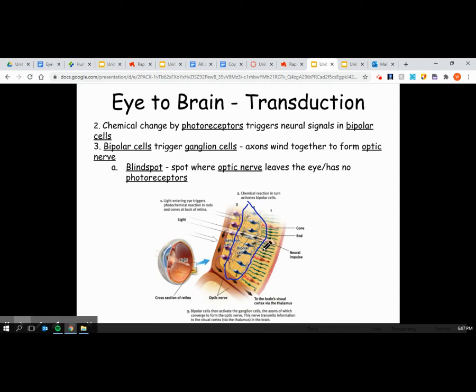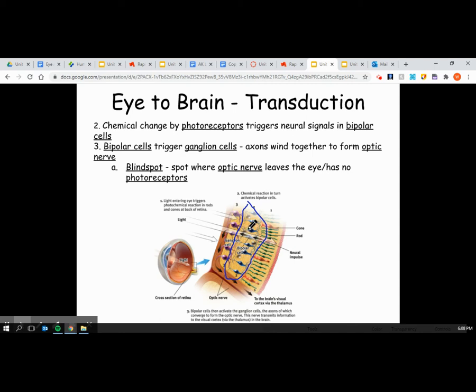The communication between the rods and cones and the bipolar cells is where transduction occurs, where a light signal is converted into a neural impulse. So these rods and cones convert that light signal into a neural impulse, which communicates with the dendrites of the bipolar cells.